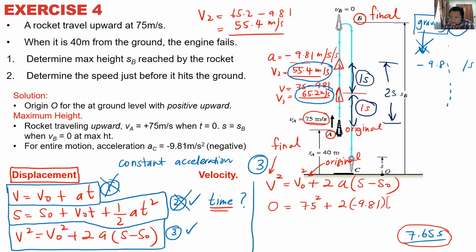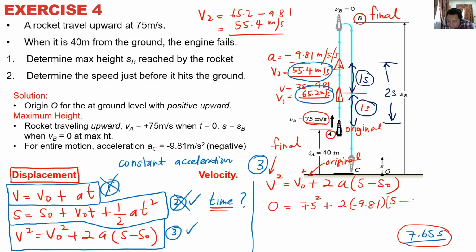Rub this off. Oops. 75 squared to negative 1. Ini adalah final. Final displacement you don't know. Original displacement, what is it? Kamu dah terbang 40 meter kan?